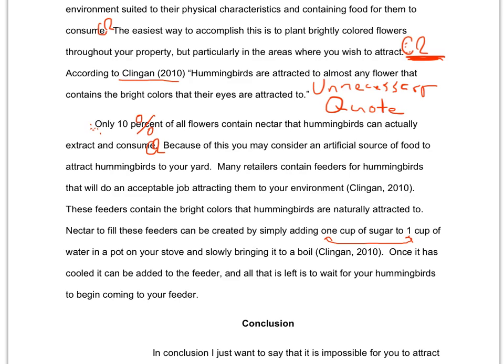APA has guidelines for how to write numbers. If the number's less than 10, you write the number out, okay? Unless, and there are some key differentiations as to when we don't write the number out, and this is why getting the APA manual is kind of important. If it's just 1 cup, 1 page, 6 pages, something like that, we're always going to write the number out.